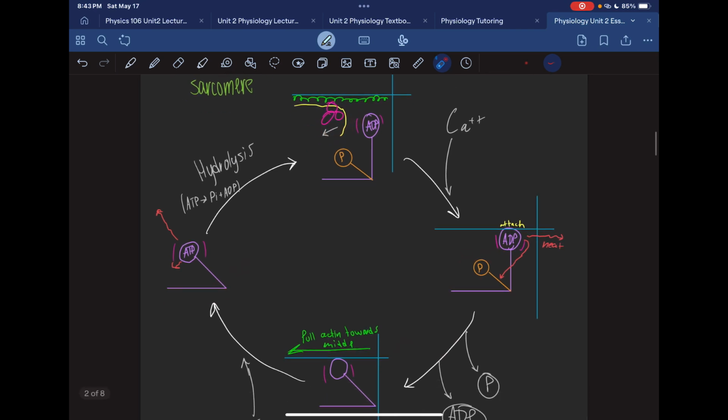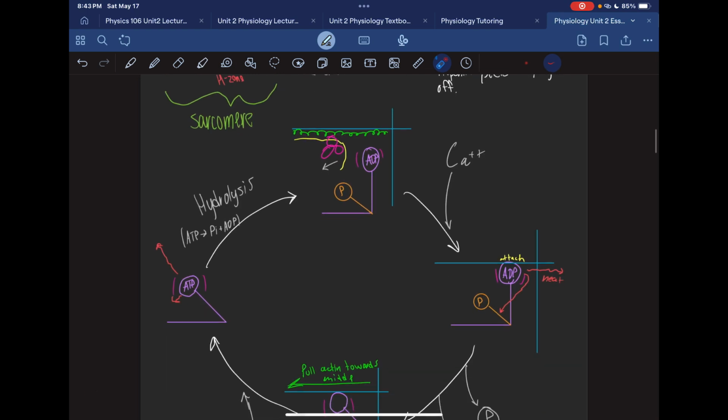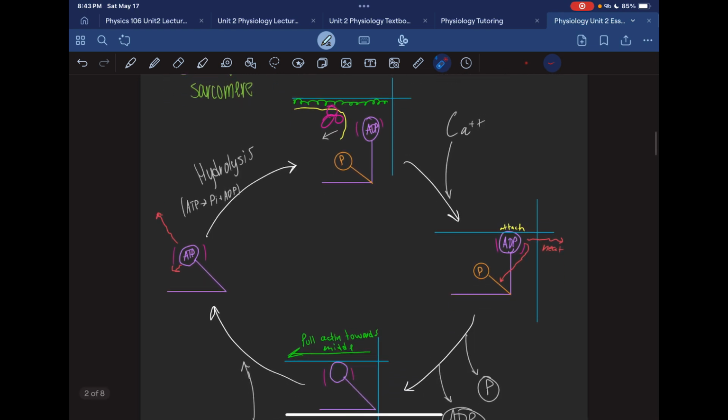But anyways, then we have contraction that's going to happen. And here's the means by which we now see the myosin heads attaching, because the troponin is pulling the tropomyosin off of the actin. So now, as you see, with calcium attaching to the C site here, it's going to also allow the ADP to attach.